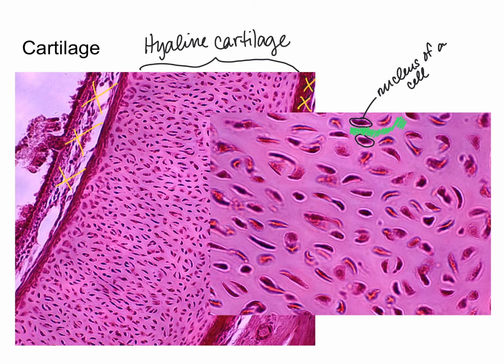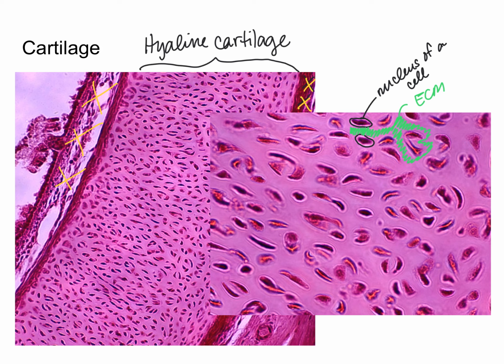So once again, the cells are spaced out, they're not touching, and there's a lot of extracellular matrix. And in cartilage, the extracellular matrix is squishy. It's smooth, but it also has a little bit of give to it, but it's also kind of hard. It's an interesting texture to try to explain.